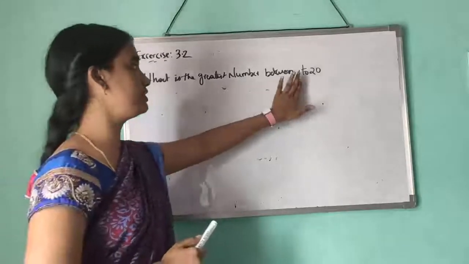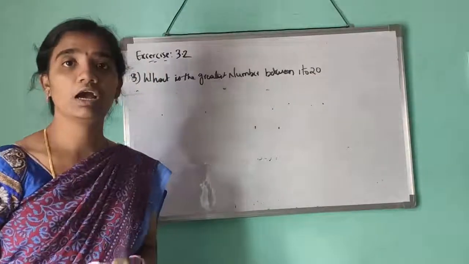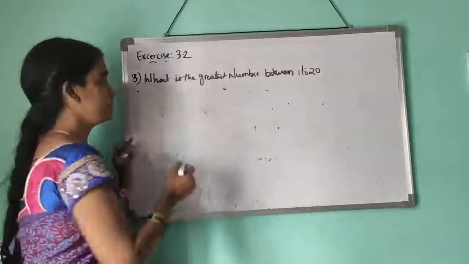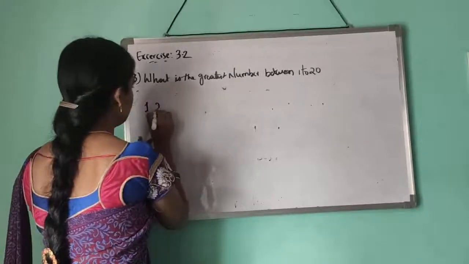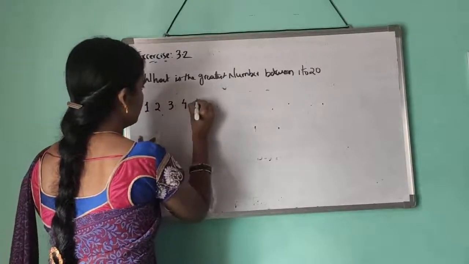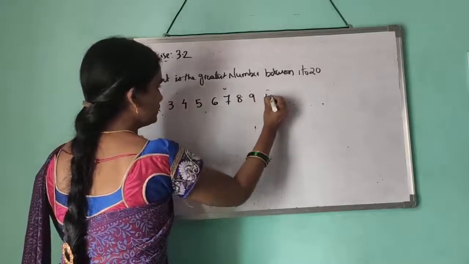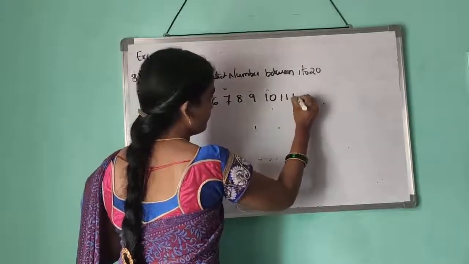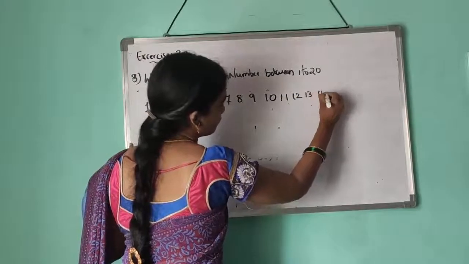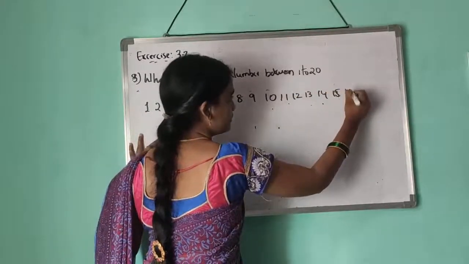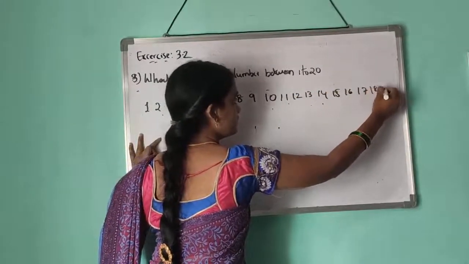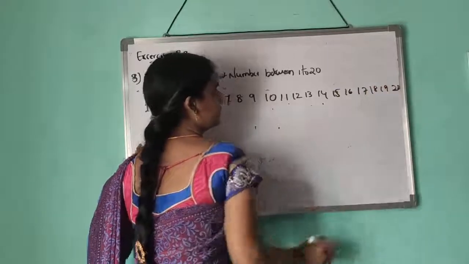Now the numbers between 1 to 20. First we have to write the numbers: 1, 2, 3, 4, 5, 6, 7, 8, 9, 10, 11, 12, 13, 14, 15, 16, 17, 18, 19, 20.